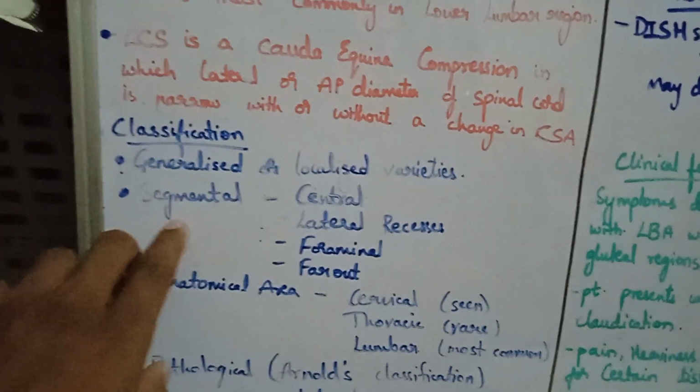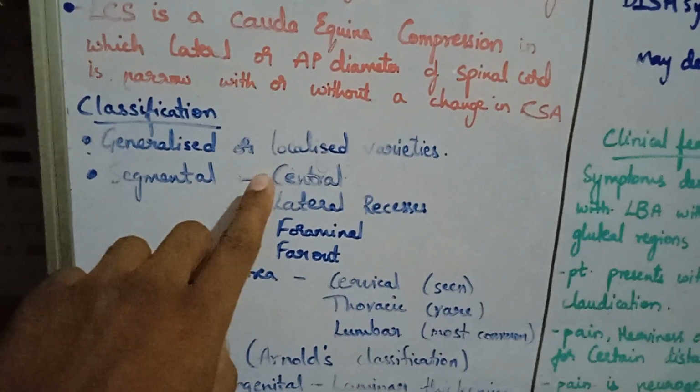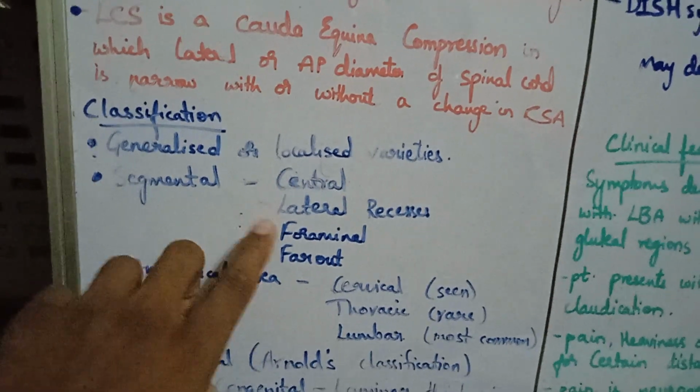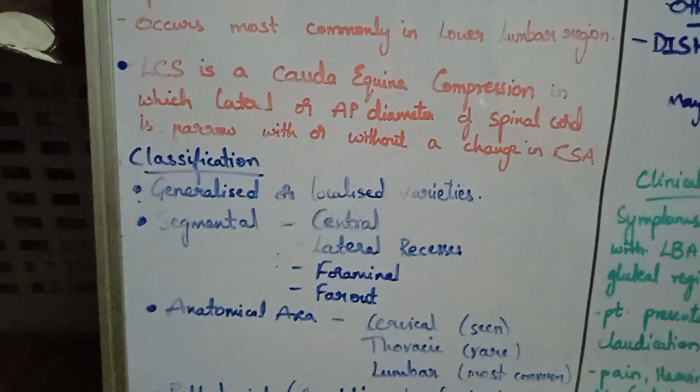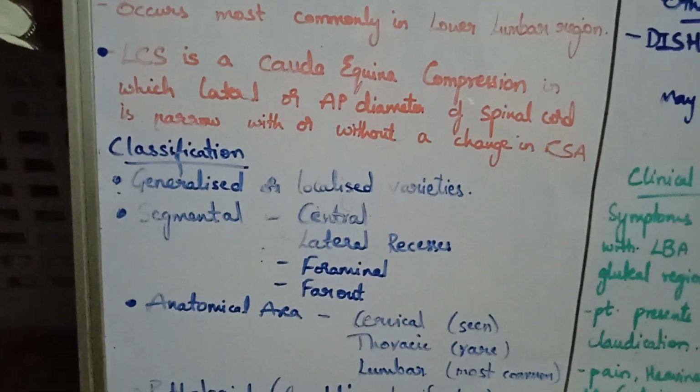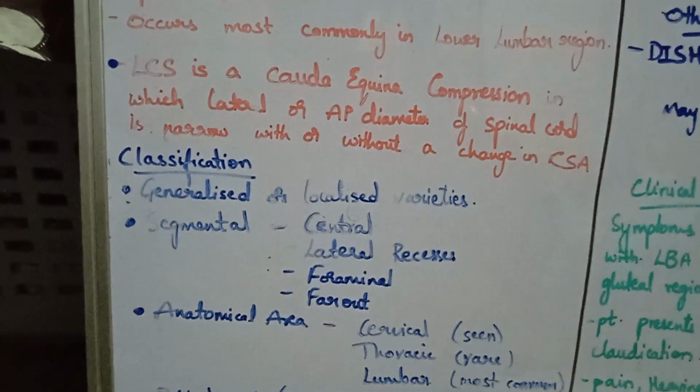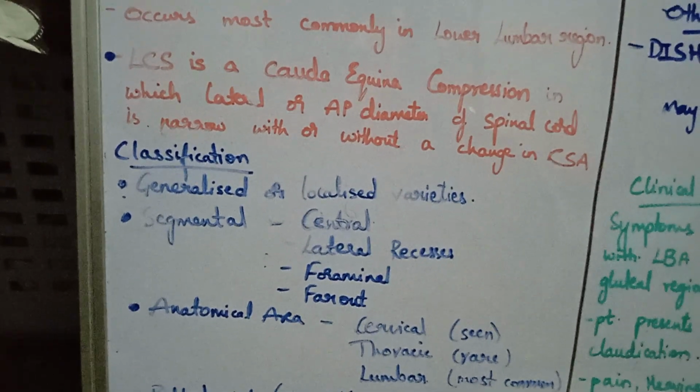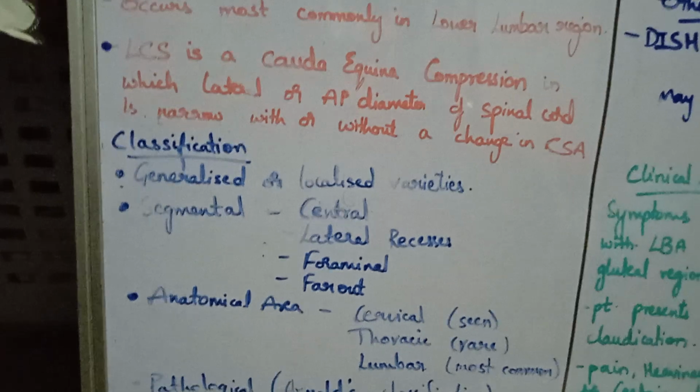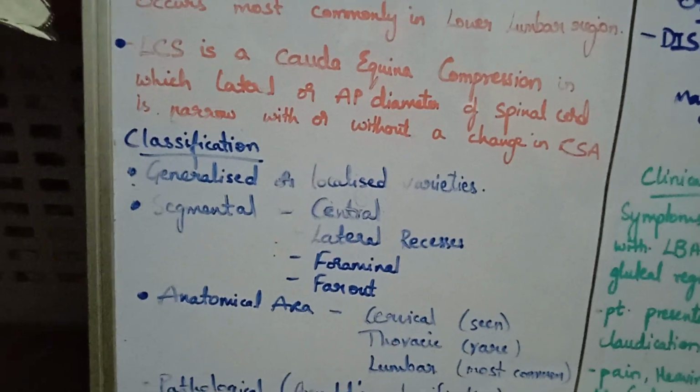So second one is segmental. Segmental is central, lateral recess, foraminal and far out. So central lumbar canal stenosis, lateral recess lumbar canal stenosis, foraminal lumbar canal stenosis, far out lumbar canal stenosis.